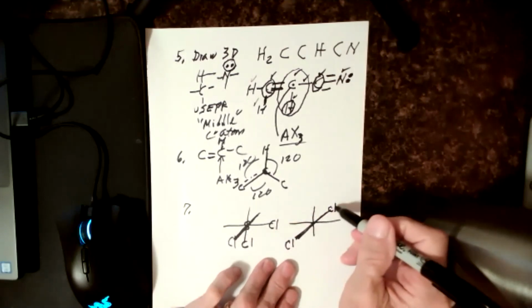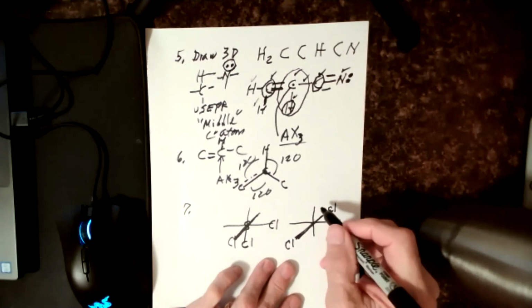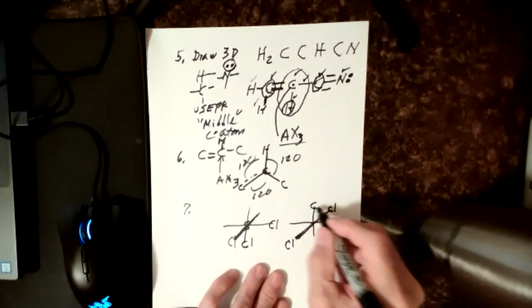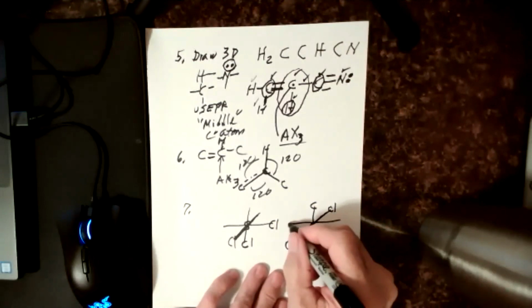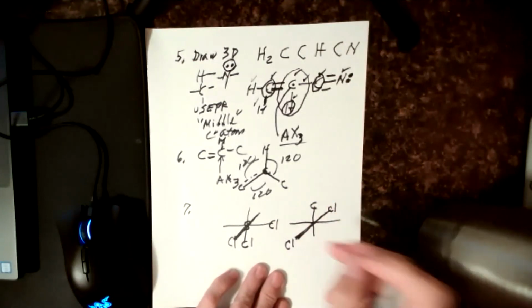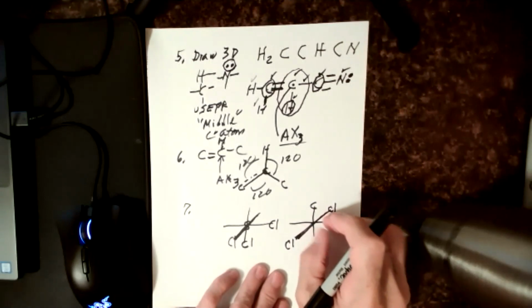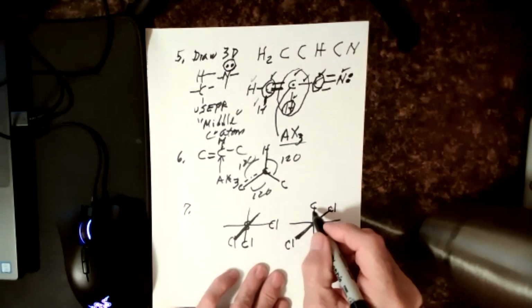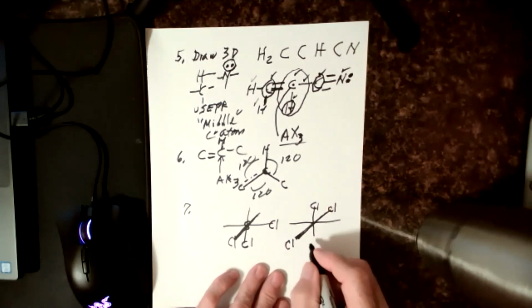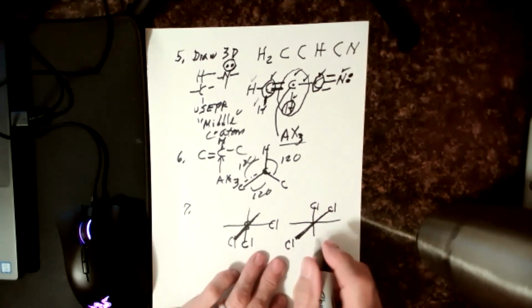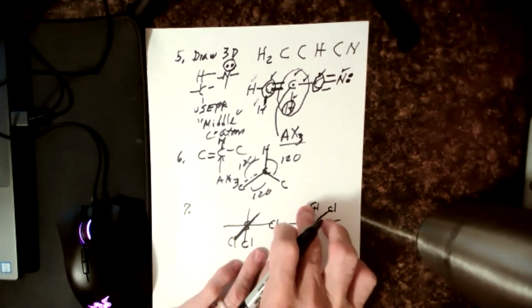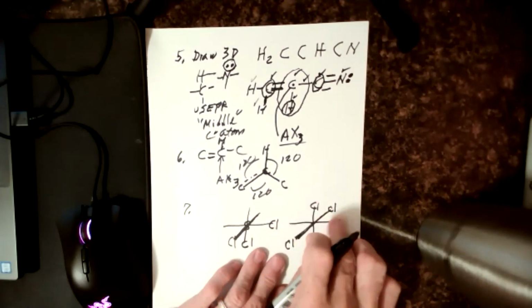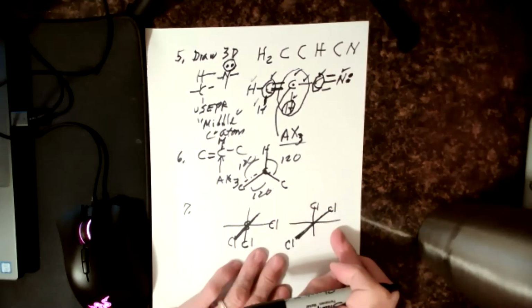This one's got 2 on one of the axes and 1 somewhere else. I could put it here, or here, or here, or here. They would all be equivalent to this one. You see, if I put this chlorine, say down here, to get this structure, I just flip it over, get that one. What if I put it here? Well, if I put it here, I can put it here just by flipping it over this way.